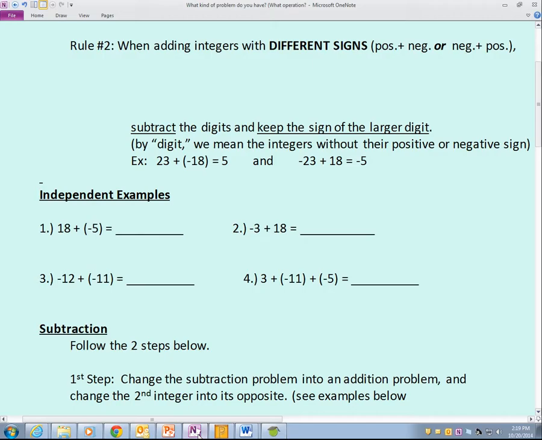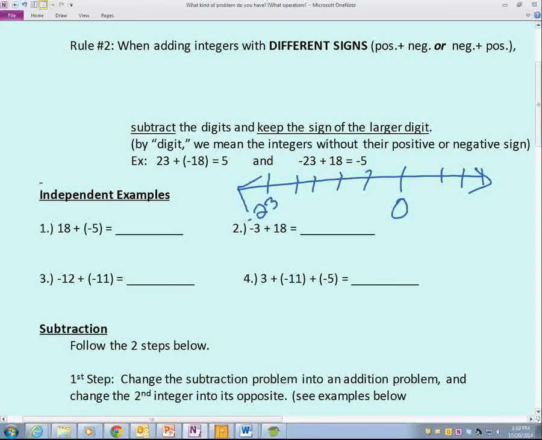Okay, back to it. So then we have negative 23 plus 18. So we have a number line here, and we have a negative 23. That'll be 0, and so on.